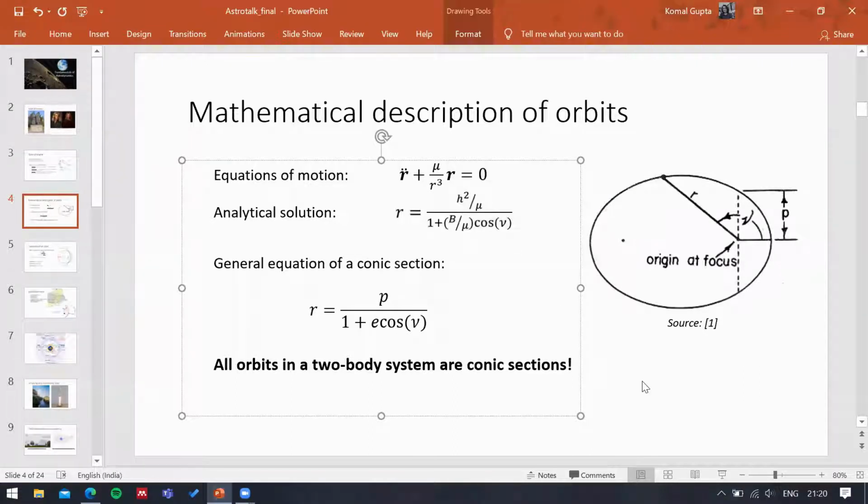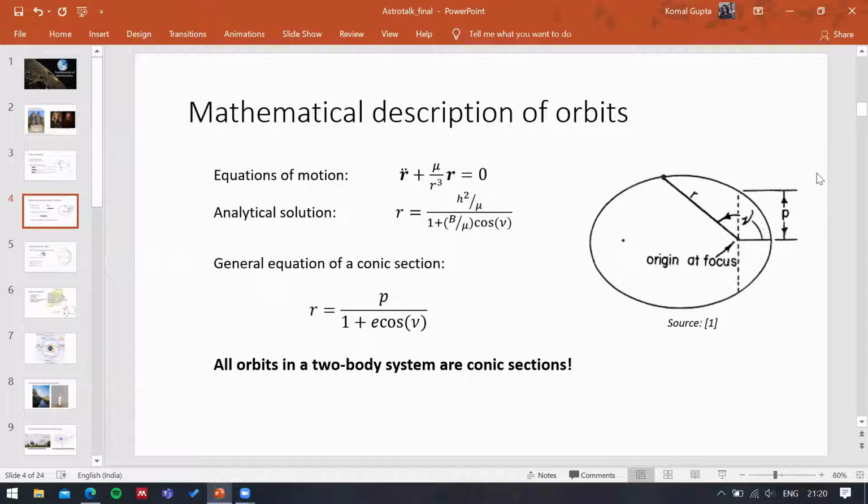Here, h is the specific angular momentum, which is angular momentum divided by the reduced mass of the system. B is a constant of integration, and nu is a parameter that tells you where along the orbit the satellite or the object actually is.